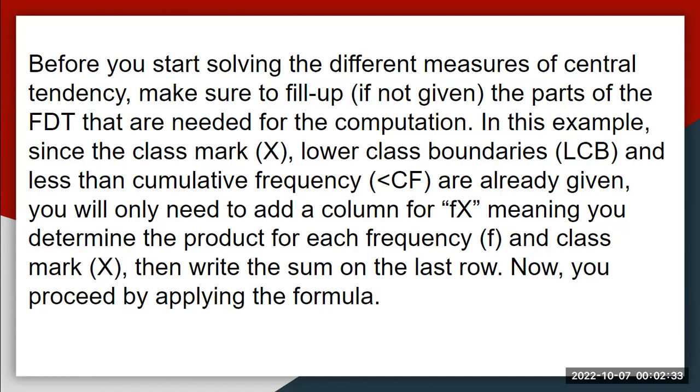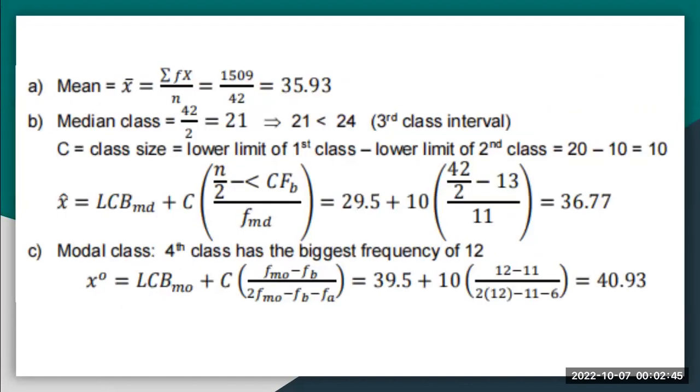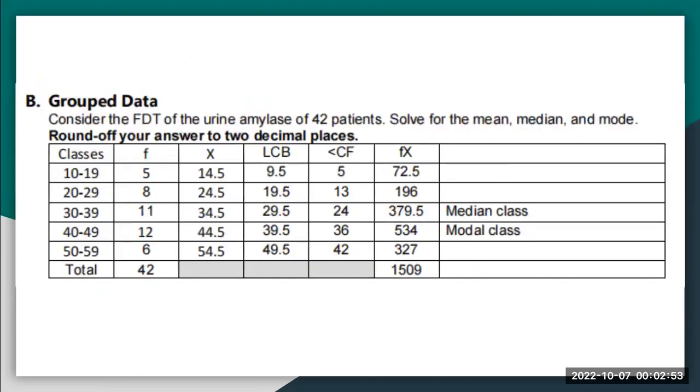So fx, f times x. So i-multiply nyo lang yung bawat frequency and class mark. Then write the sum on the last row. So now you proceed by applying the formula. So, solve natin sa whiteboard.